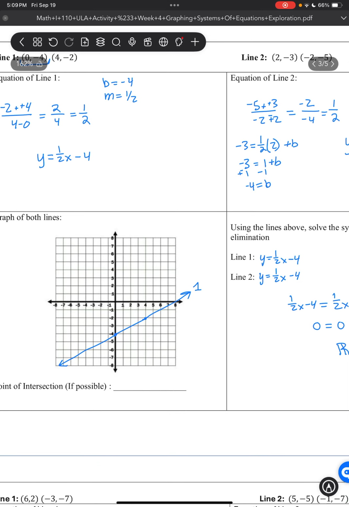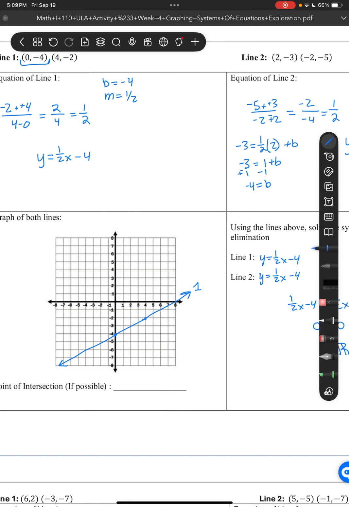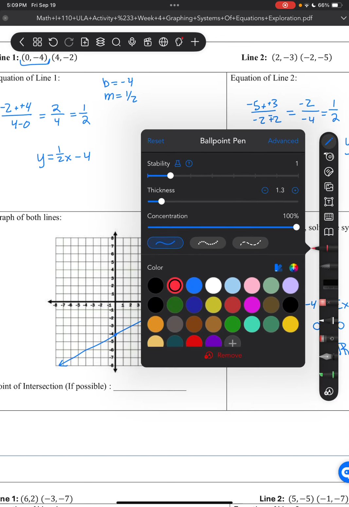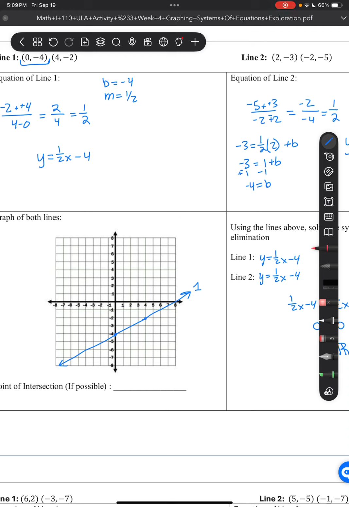So we have our line 1. We're going to switch colors here real quick so we can see what's going on. Our line 2, our two points, are 2, -3, and 2, -5. Those are on the same line, right? When you extend it with that same slope, we're going to see this is line 1 and line 2.